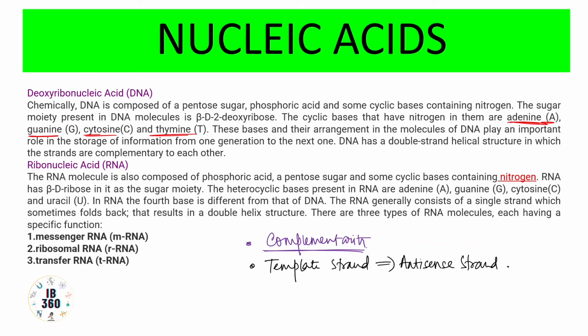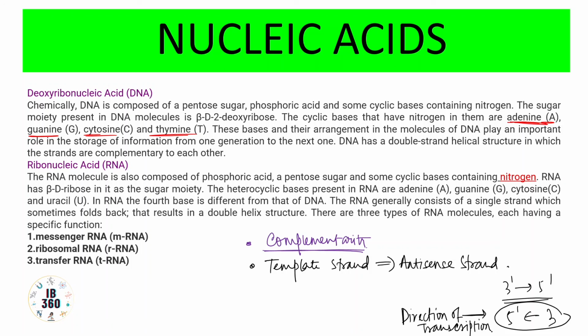This is a very important concept. RNA is always transcribed in the 3' to 5' direction of the template strand of DNA. This is the direction of transcription, and this is the polarity of the strand which gets transcribed, the antisense or template strand.